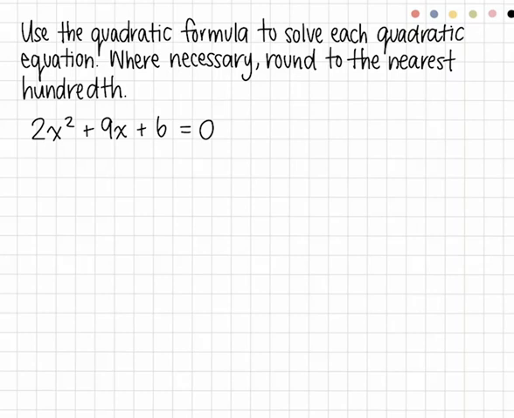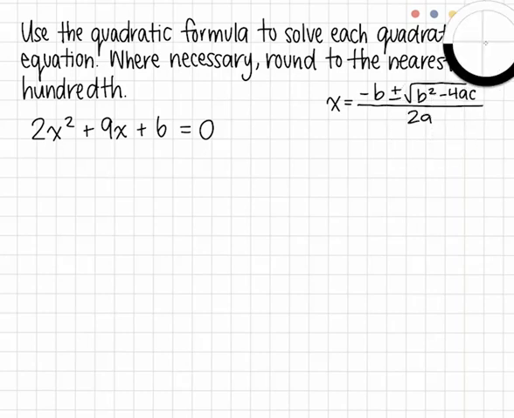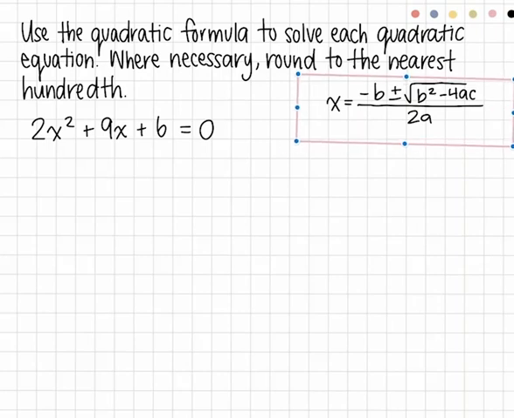And over here, I'm just going to write the quadratic formula for our reference throughout: negative b plus or minus the square root of b squared minus 4ac divided by 2a. I have a little box around that. Perfect.